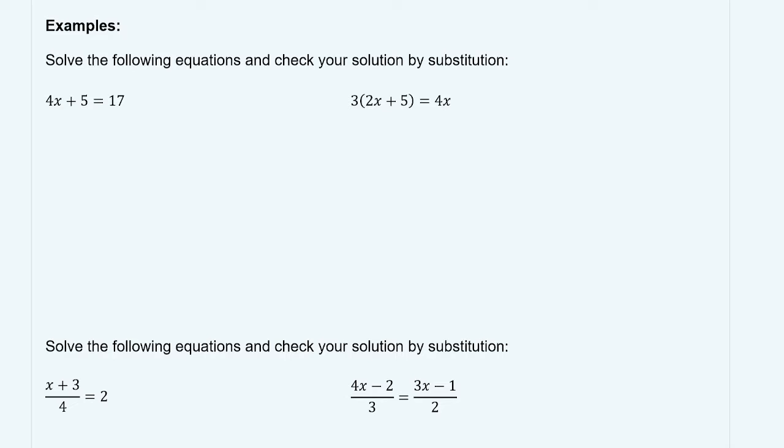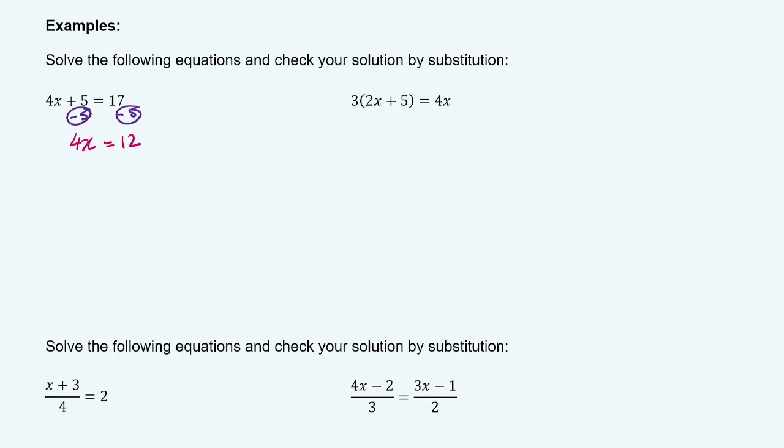Our first equation here is a fairly straightforward equation, and all I'm going to do is use opposite operations or inverse operations. So I'm starting with a plus 5, so I'm going to take away 5. And that's going to leave me with 4x equals 12.